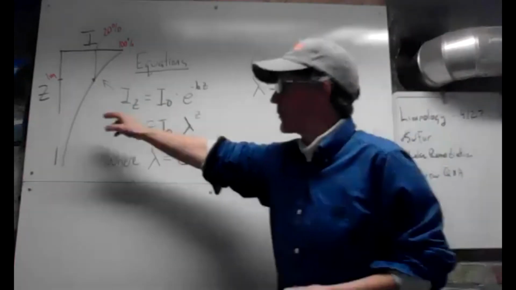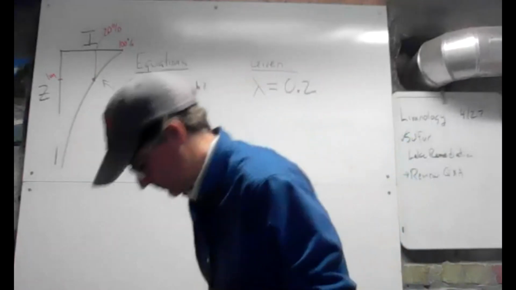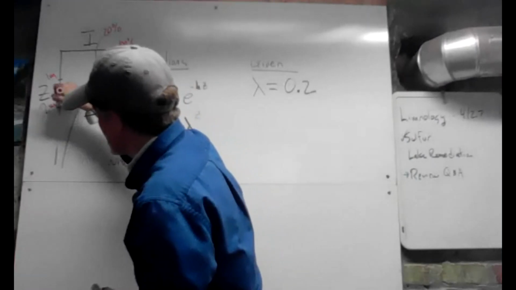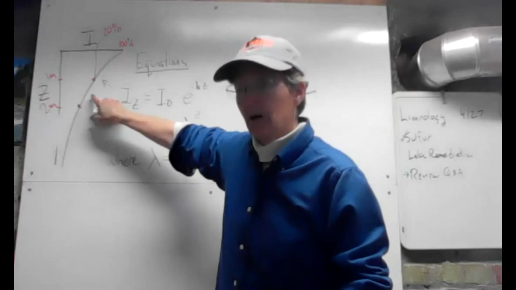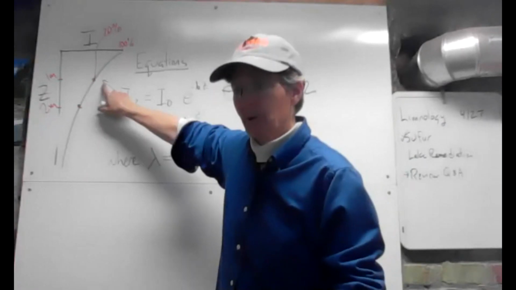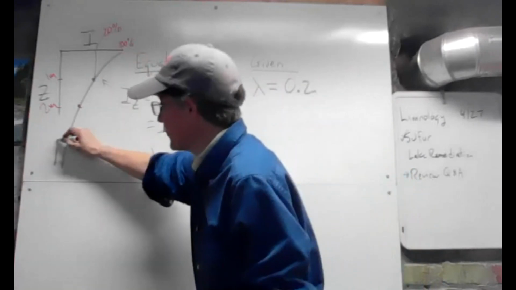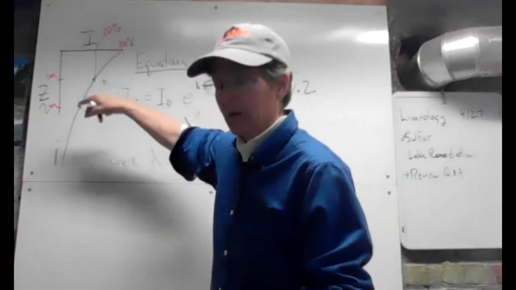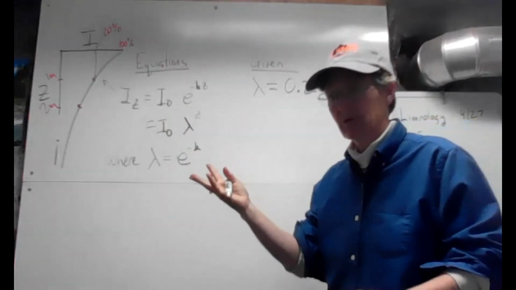How much light is there going to be at a depth of 2 meters? Well, it's going to be 20% of 20% of 100%. If we went down to 3 meters, it would be 20% of 20% of 20%, so 0.2 times 0.2 times 0.2.